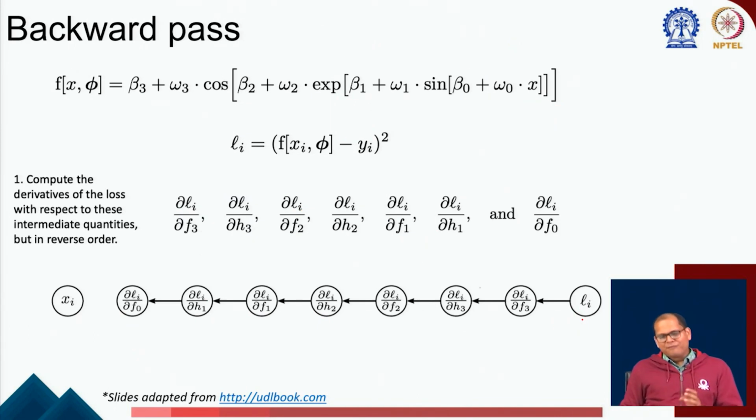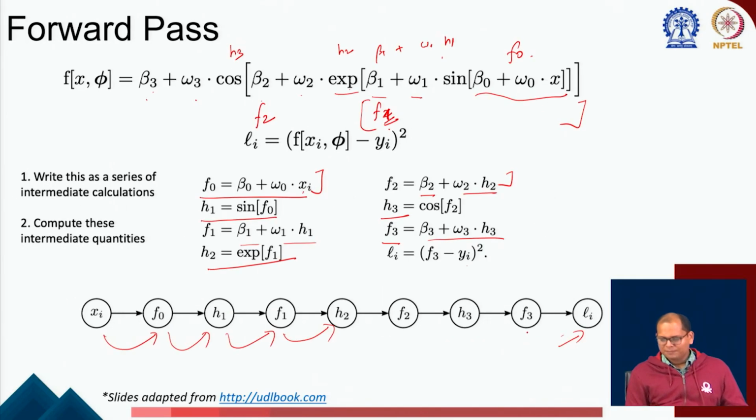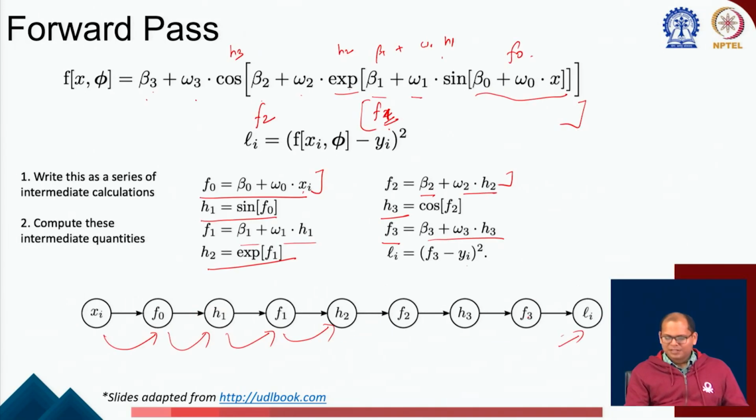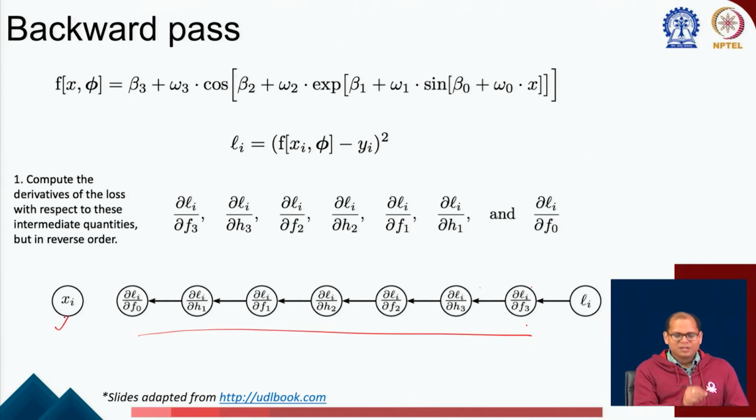Now, when I compute the loss, this is called the backward pass. So, I do this calculation backward. I compute the derivative of loss with respect to each of these intermediate quantities: the partial derivative of loss with respect to F3, then with respect to H3, F2, H2, F1, up to, if I need, x_i.